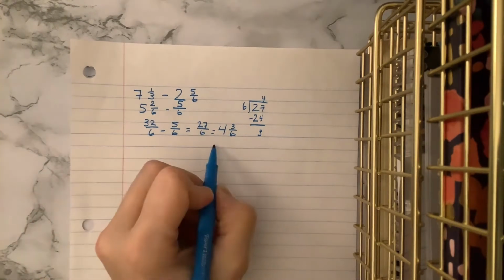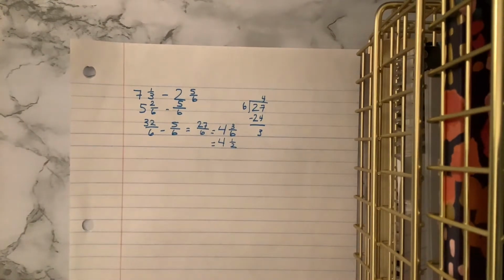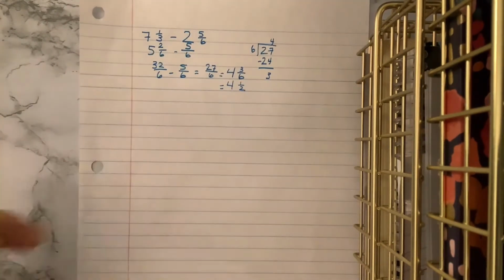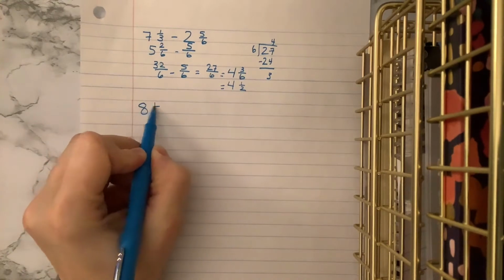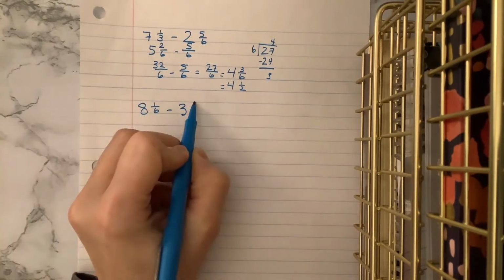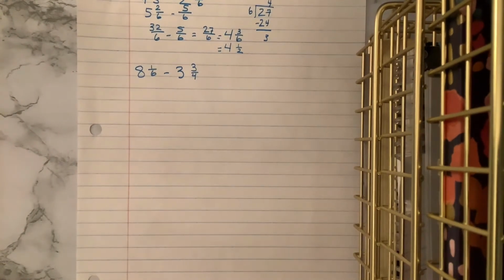Can it be simplified? And the answer is yeah, it can be simplified. So you should have 4 1/2. Let's try another. Let's do 8 1/6 minus 3 3/4. So we're going to pause, go find an answer, come on back and see how you did.